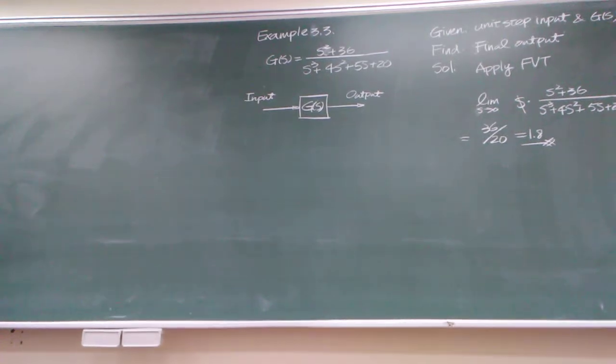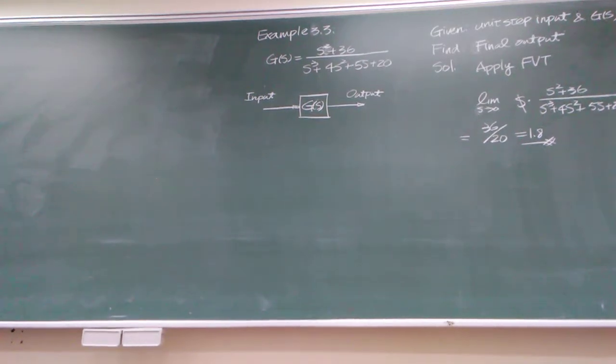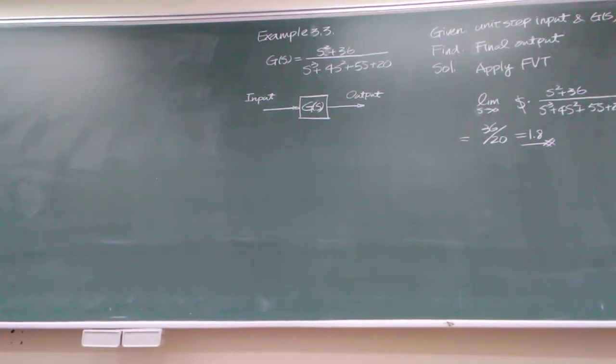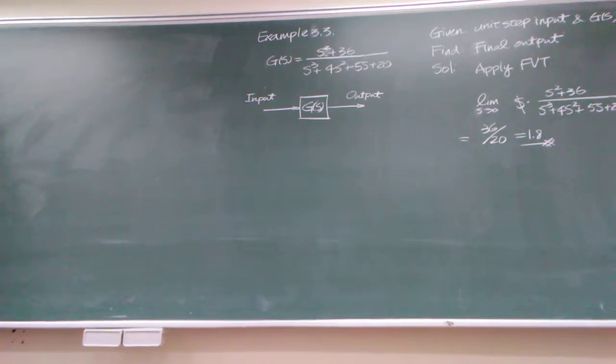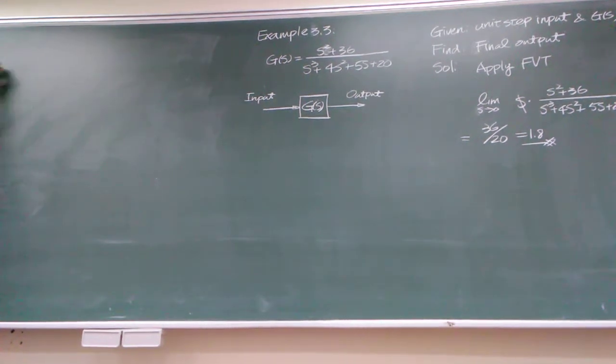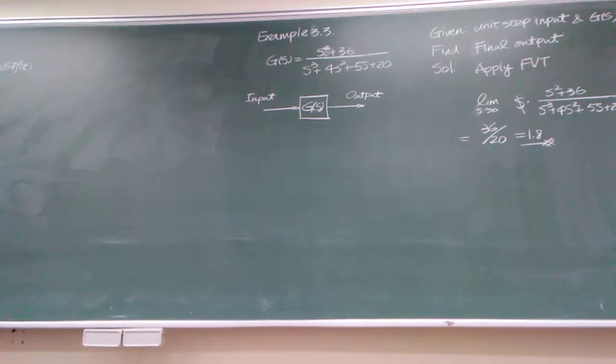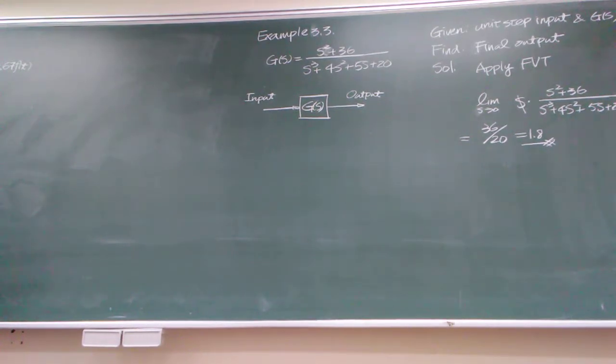This specific example, the system dynamics of a mechanical system can be described by, we want to determine the transfer function of the system and the steady state value of a step input to this specific mechanical system.